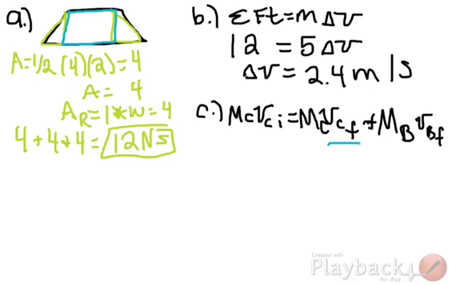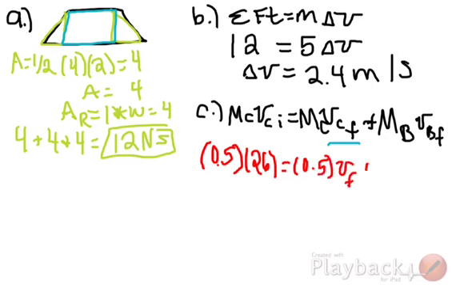So now we just have to plug in our numbers. We know that the mass of the cube initially was 0.5, and its initial speed was 26. We know that the final mass of the cube was 0.5. We're solving for vf. And we know that the mass of B was 5, and the final velocity of B was 2.4. So we bring that down.